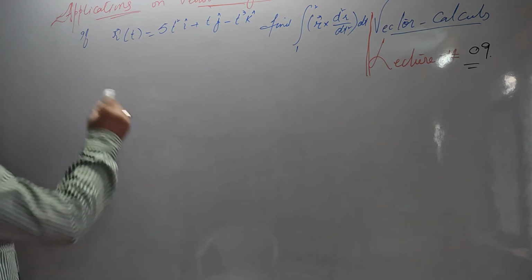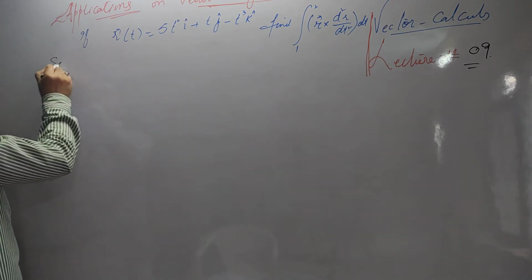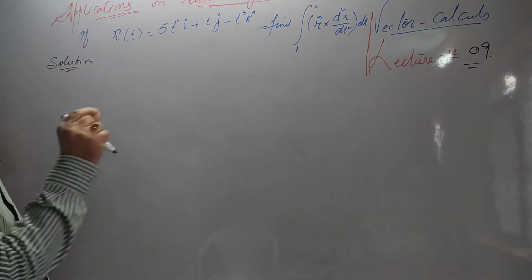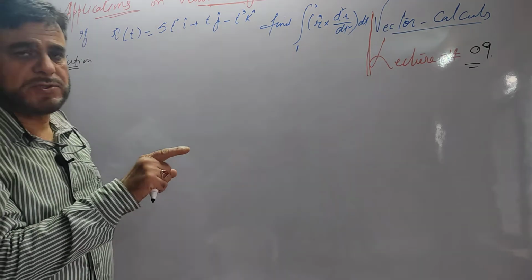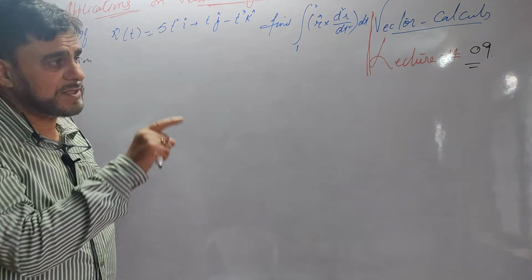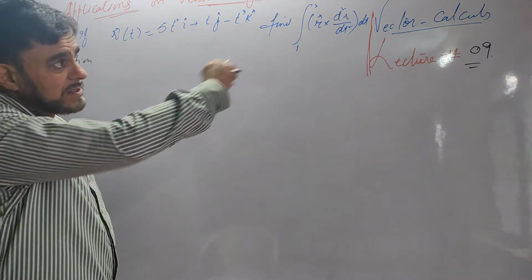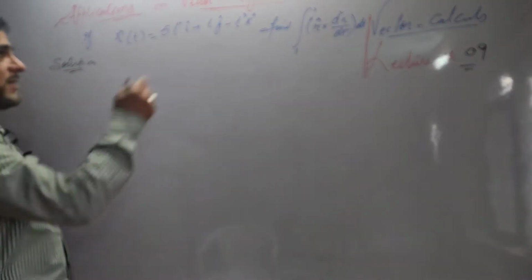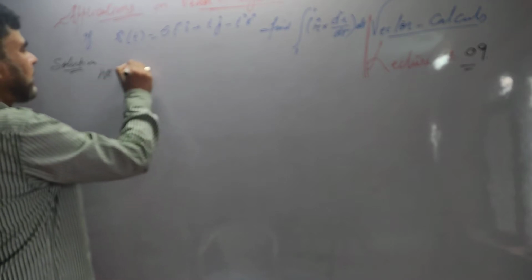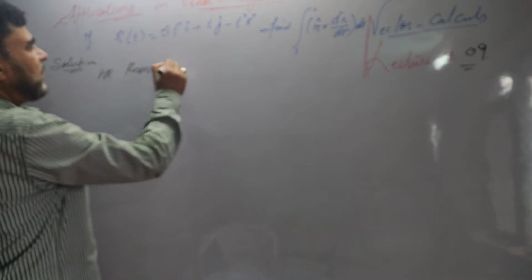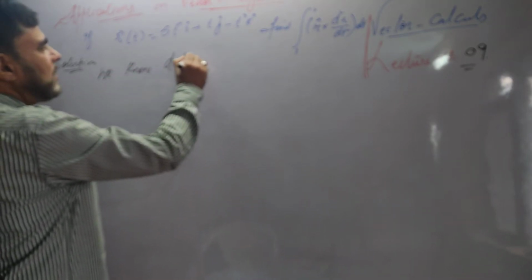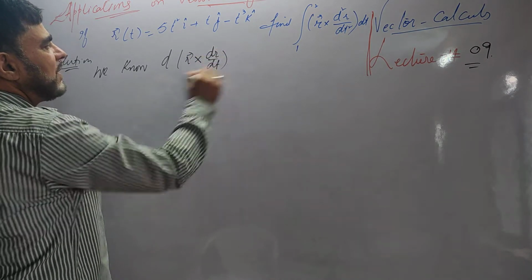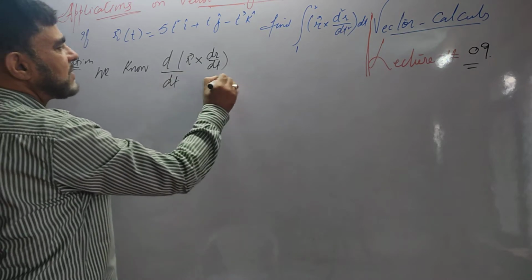If we go to the solution, before going to this lecture number 9, you should go through lecture number 8, where we discussed all these things. Let me write this again. If we find the derivative of r cross dr by dt with respect to t, what is this?